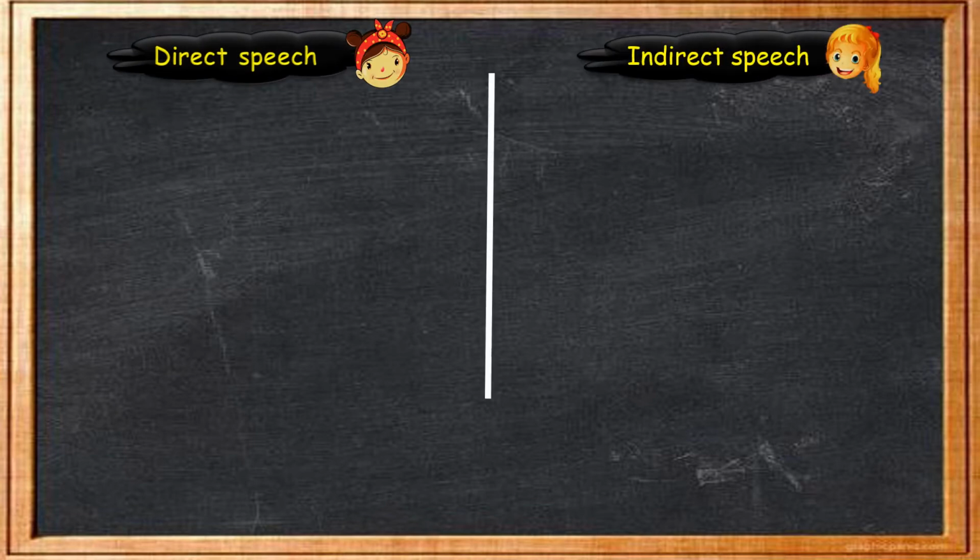Now, children, let's discuss direct speech and indirect speech a little in detail. First, let's start with direct speech. As we have already discussed, direct speech means when the speaker quotes the exact words of the person.